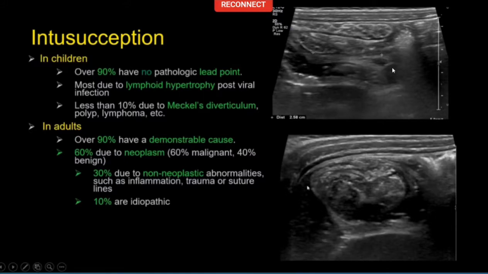However, in adults also we do get intussusception, and here it is the reverse order as compared to children. In adults, 90% have a demonstrable cause. 60% will be neoplasms, which might be malignant or benign, and 30% might be non-neoplastic, such as inflammation or trauma, and in only 10% it will be idiopathic.